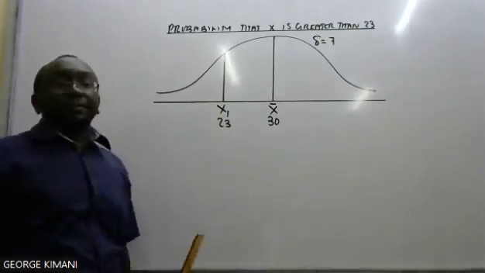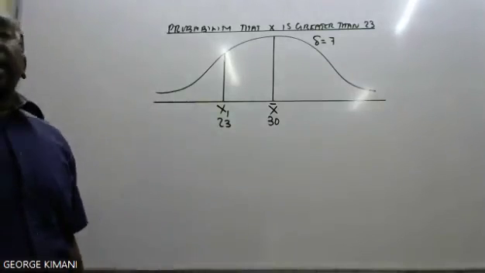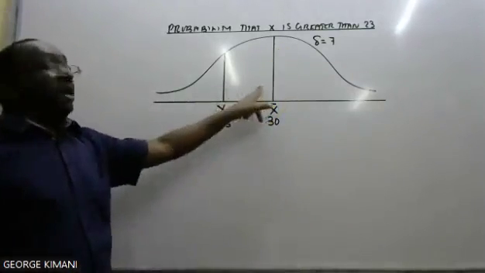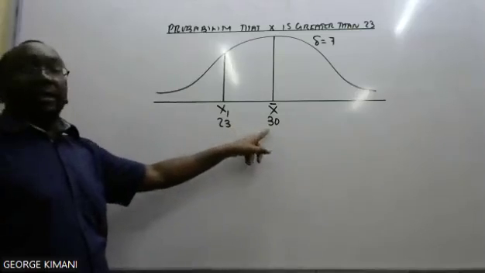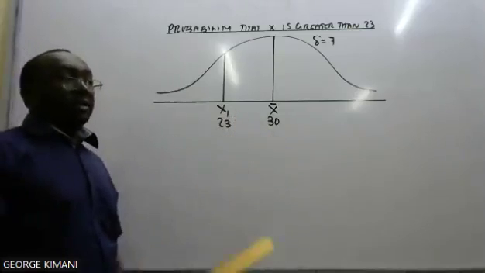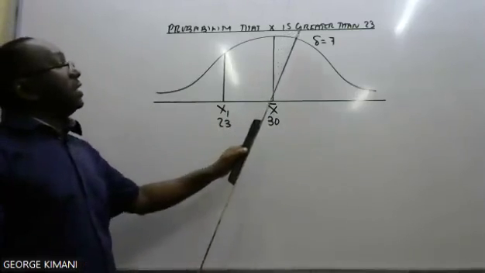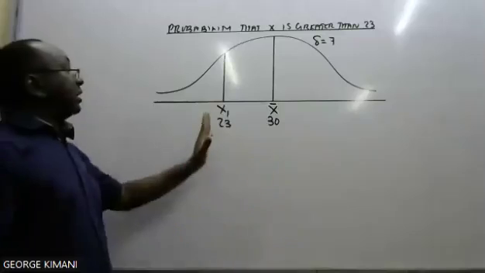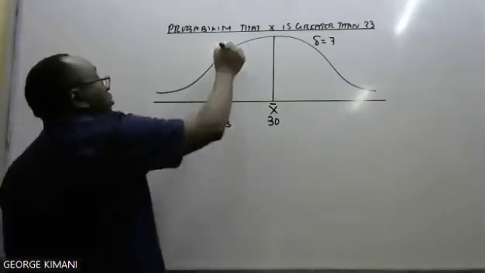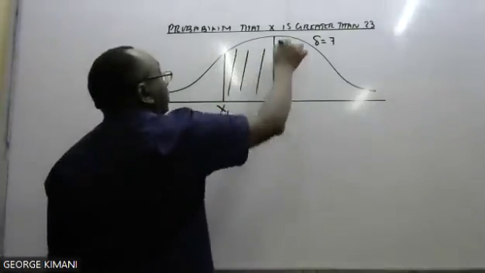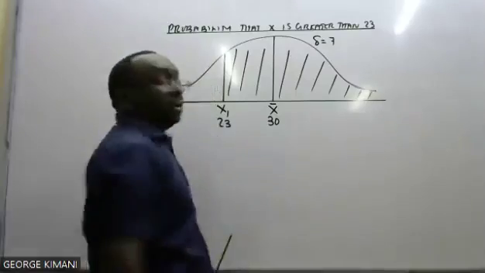This drawing has nothing to do with the numerical difference between these values, it is just for illustration purposes. When they want x greater than 23, do we want the upper side or the lower side? The upper side. So you shade like this. The area that you want is shaded that way.